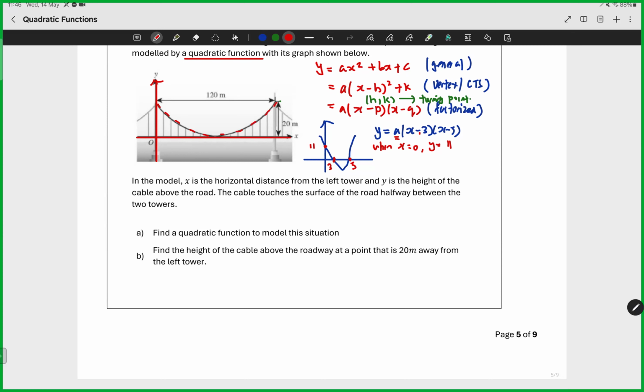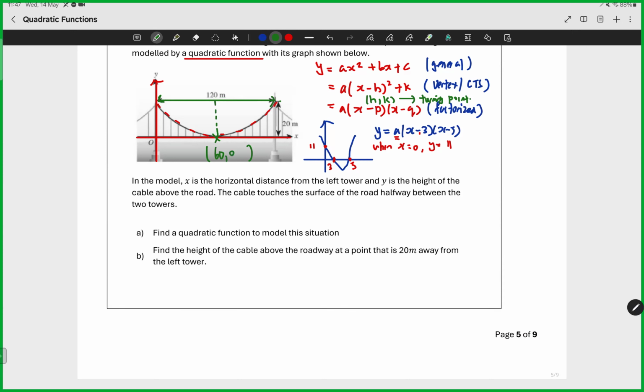Now the cable touches the surface of the road halfway between the two towers, so over here. You can notice that this is actually our turning point of the graph. So this turning point is the middle of these 2 points of 120 meters, which means that down here this must be equal to 60 and 0.